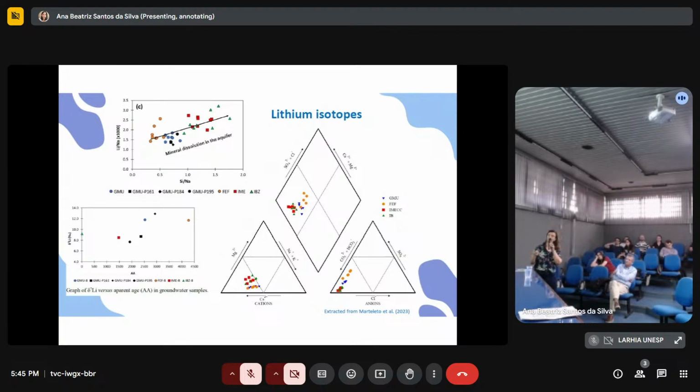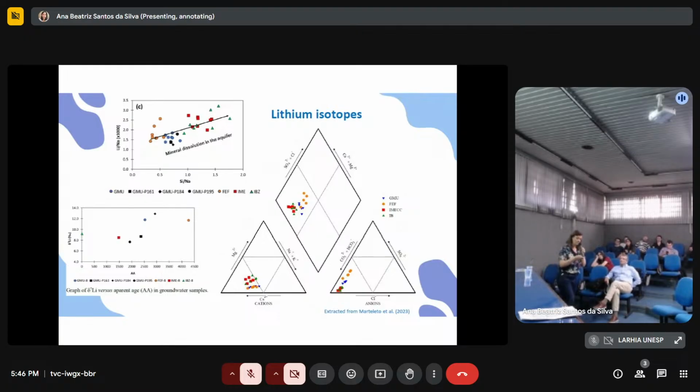Then with the money from FAPESP, we moved on and explored lithium concentration in these waters and lithium isotopes, delta lithium 8 in these waters. All these are, let's say, preliminary results. But here, for instance, from lithium concentrations, there is a suggestion that the same grouping that we see here at Piper, of course, occurs here in the wells.